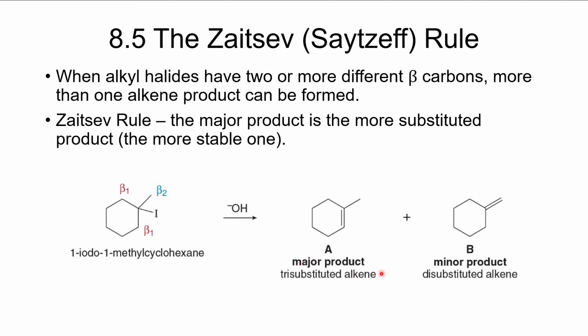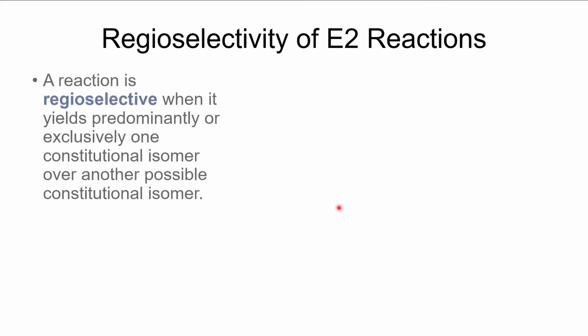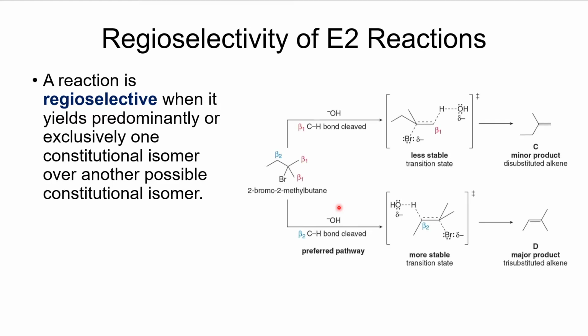So we would definitely have a selectivity here where we got more of A than we did of B. We call this regioselectivity. A reaction is regioselective when it predominantly gives us one constitutional isomer over another possible constitutional isomer.